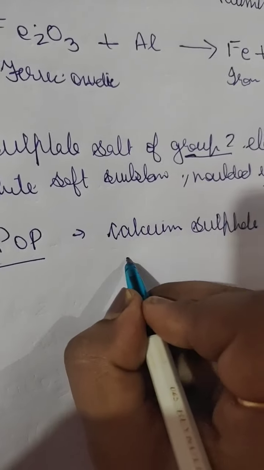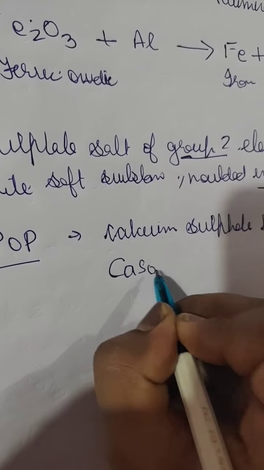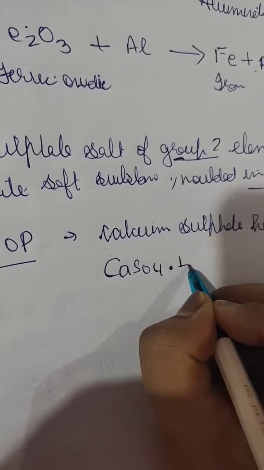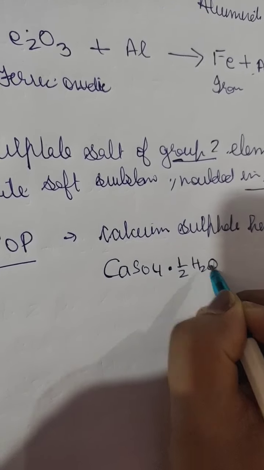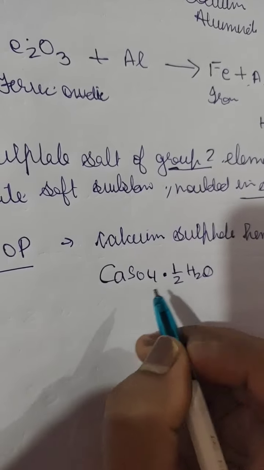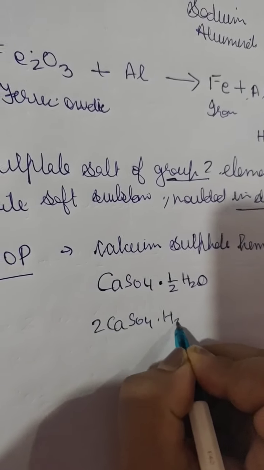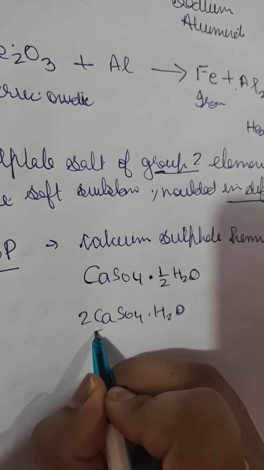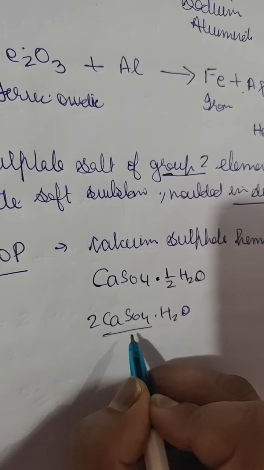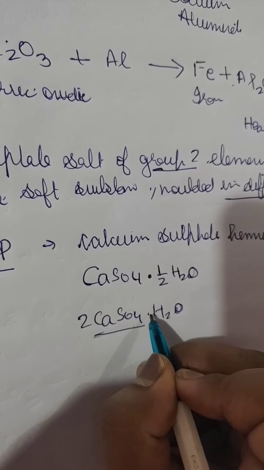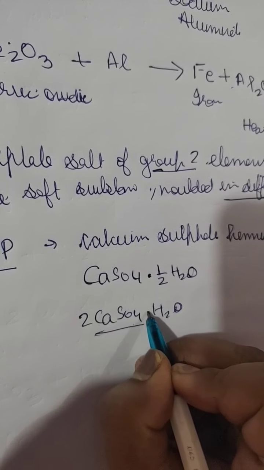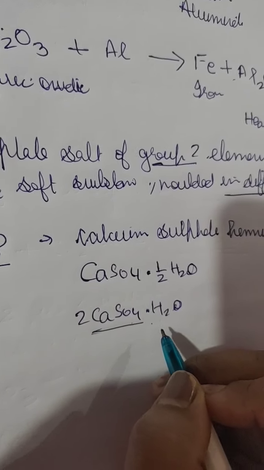Okay, which is written as CaSO4 dot 1/2H2O. So we can also write here 2CaSO4 dot H2O. That means when we are using two molecules of calcium sulfate, one molecule of water is distributed. So we can also write like this. Okay, both ways it's right.